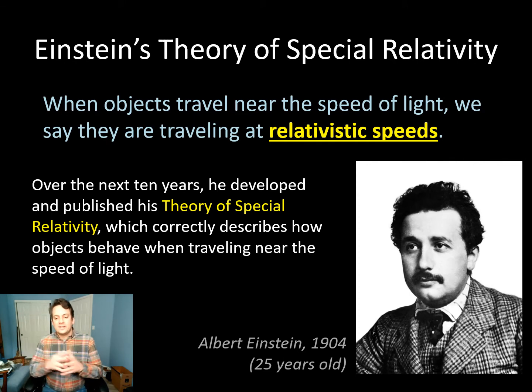After publishing his first paper at the age of 16, he went on to publish a number of other papers, and in particular, when he was around 25 years old, he developed and published what's now known as the theory of special relativity. It correctly describes how objects behave when they're traveling near the speed of light. This is a picture of Einstein in 1904.